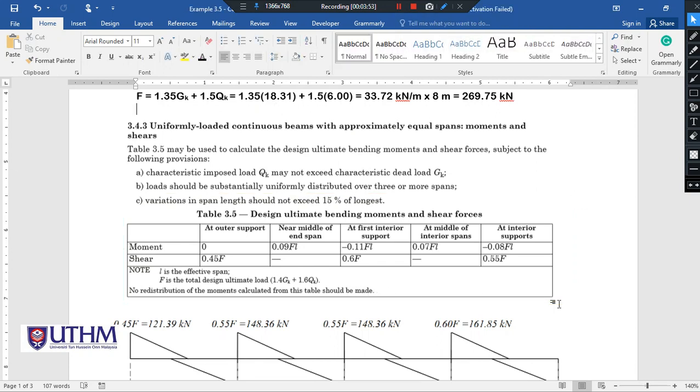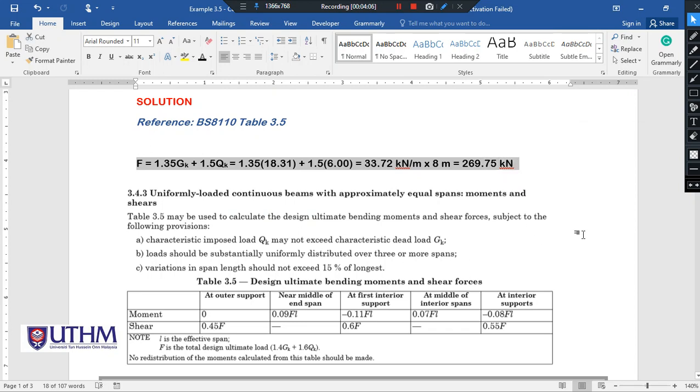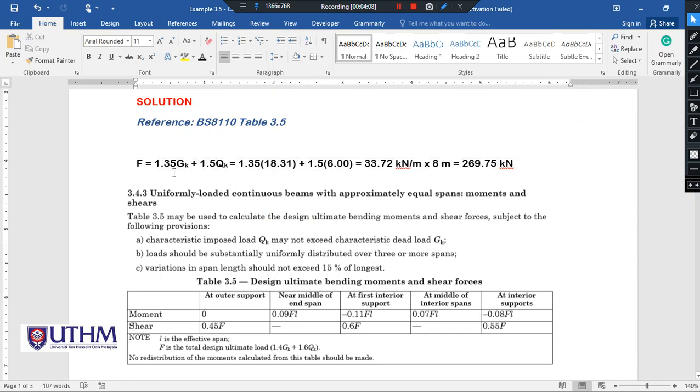To proceed with the shear force diagram and also bending moment diagram, first step we need to calculate the total design ultimate load. The total design ultimate load is 1.35 GK plus 1.5 QK, and the answer is 33.72 kN per meter.